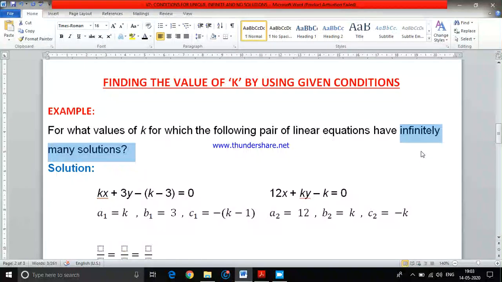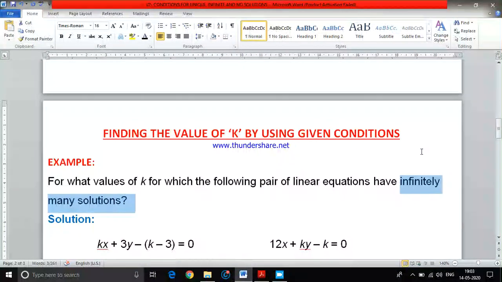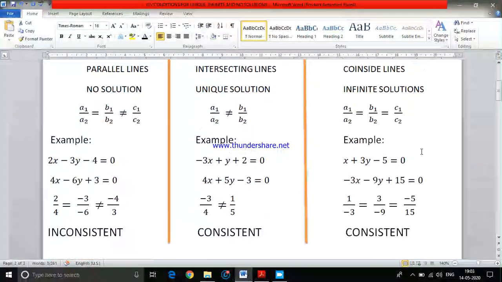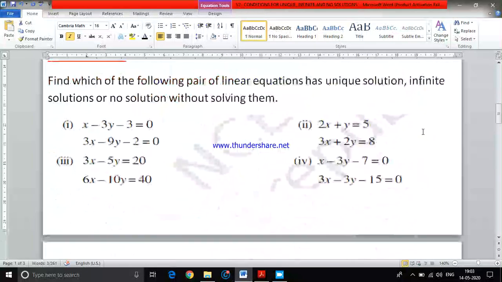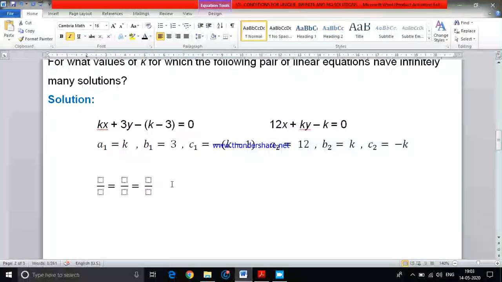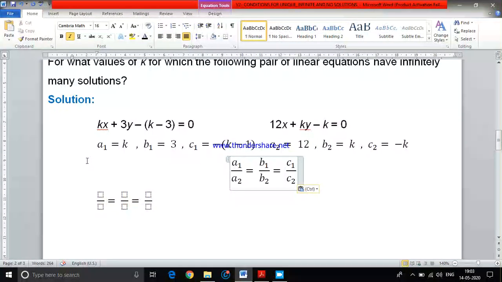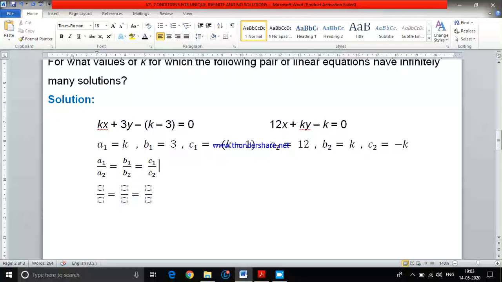Can anyone tell me what is the condition for infinitely many solutions? Yes, just now we discussed: the condition for infinitely many solutions is A1 upon A2 is equal to B1 upon B2 is equal to C1 upon C2.